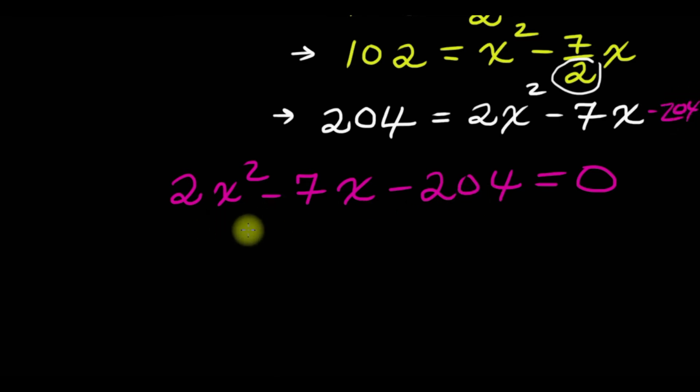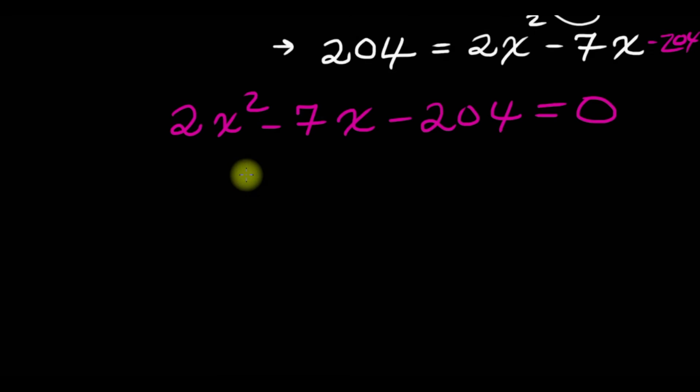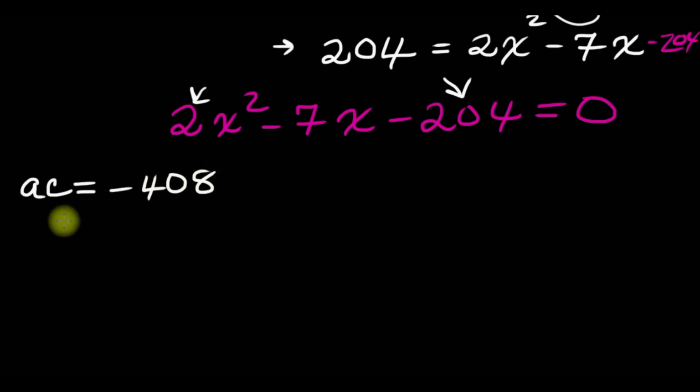Now I'm going to try to factor this using the AC method. My AC is going to be A times C, so that's 2 times negative 204, which gives you negative 408. And then my B is negative 7.